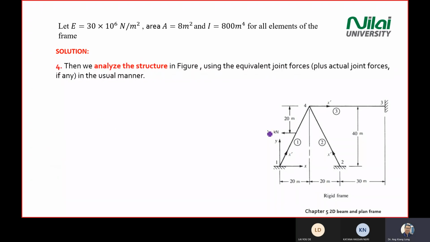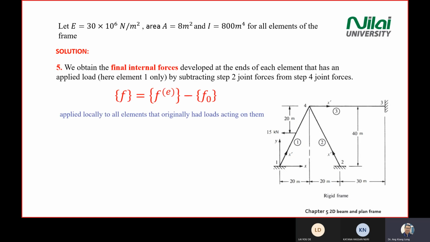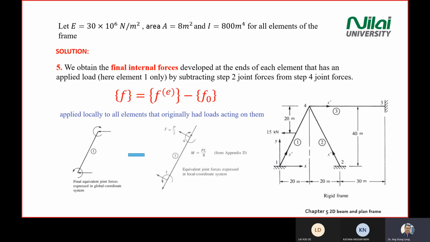Step number 4, you will analyze as usual. You find all the unknowns inside the equation. Then after that, you find the internal forces like normal, and then you draw the free body diagram. So how do we find the final internal forces? We use this formula: F equal to F element minus F0.